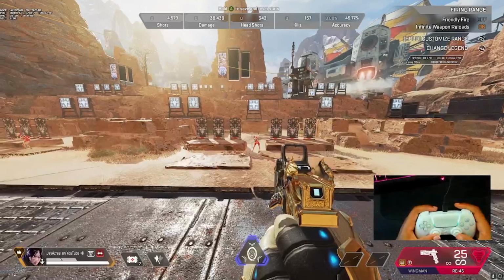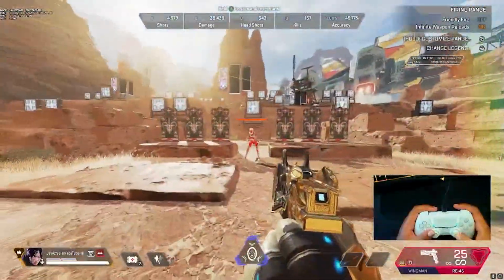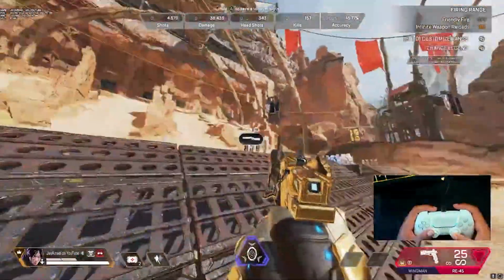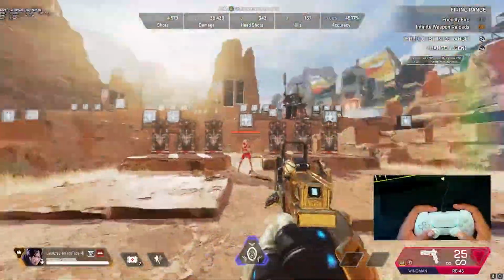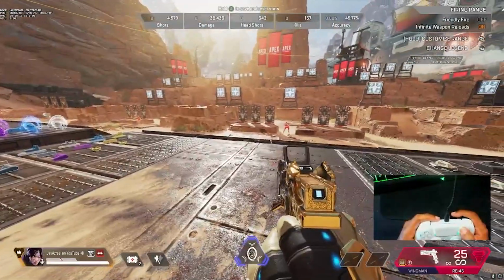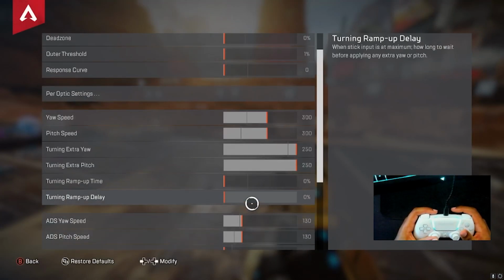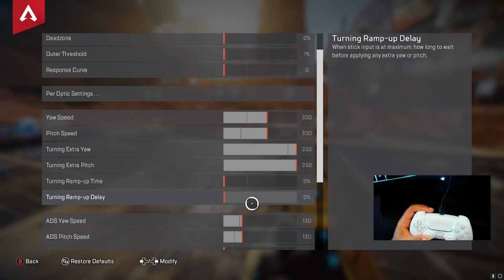So if you're not paying attention and you accidentally breach that limit, you will shoot into your extra yaw and your extra pitch, and you will absolutely fly off target, and it will mess you up, and you could probably get dropped and turned into a death box. So be very cautious about where you put your extra yaw and extra pitch.